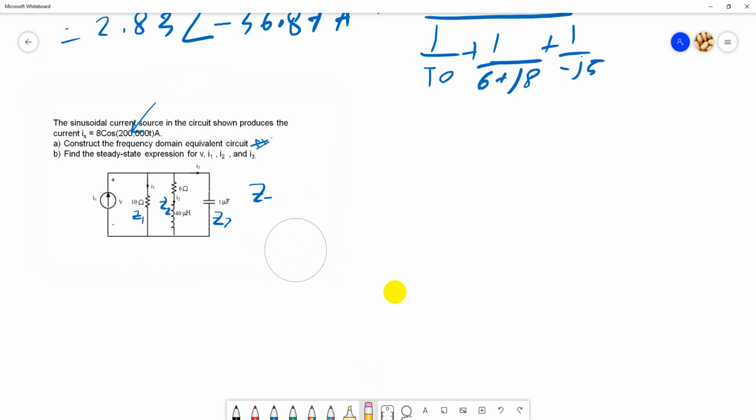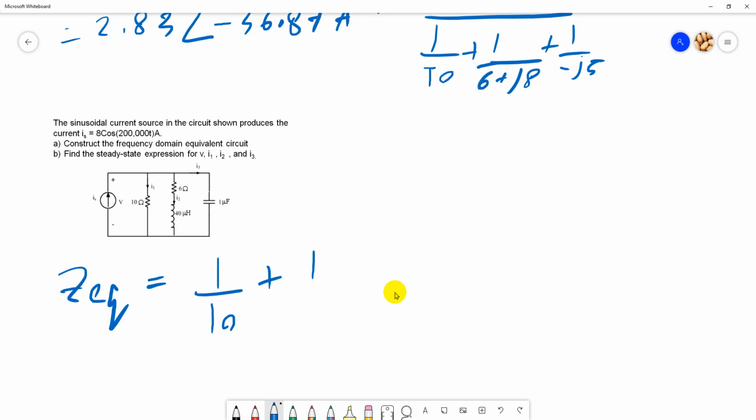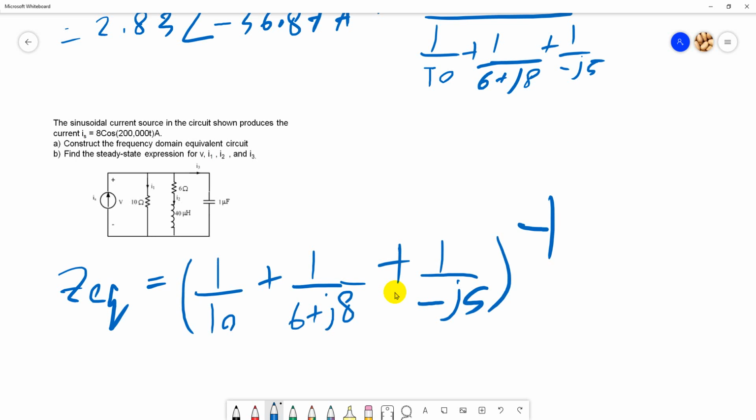So how do you use Ohm's law? First you have to find Z equivalent. So what is Z equivalent? This is a parallel, so just 1 over 10 plus 1 over 6 plus J8 plus 1 over negative J5, and don't forget to reciprocal everything.